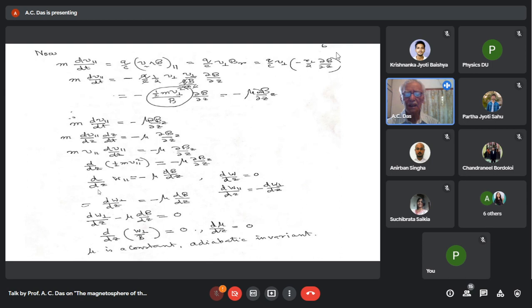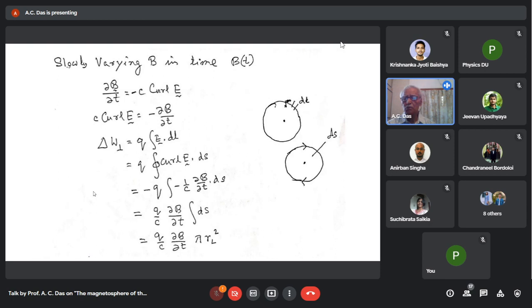That means Q E is the force, dl is the element that it moves, and so the force times distance will give rise to the work done, and the work done is the energy, and that energy is represented here by Q integral of E dot dl.